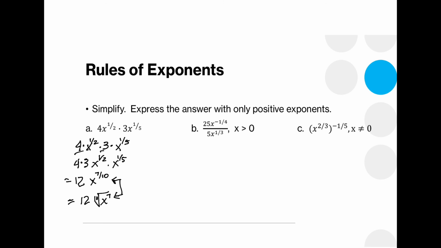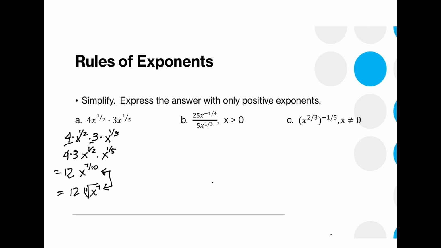All right, what about the next one here? We've got some positive and some negative exponents in a fraction. So how do we deal with this? Let's take a look at it keeping in mind that what I have on top is a product, right?